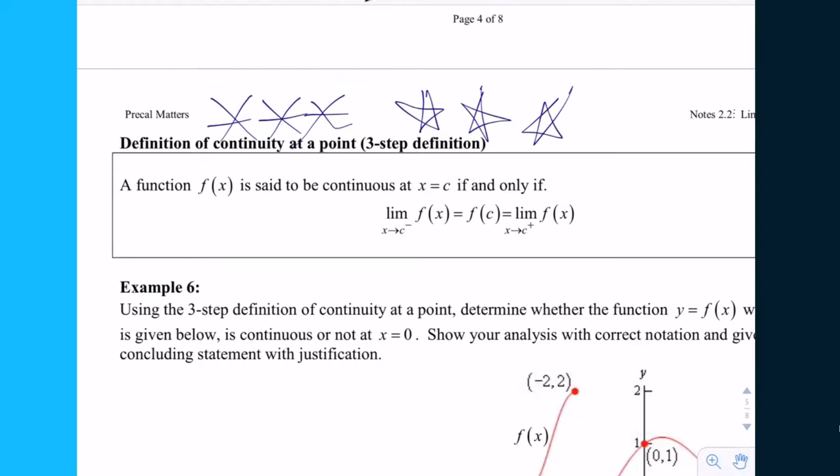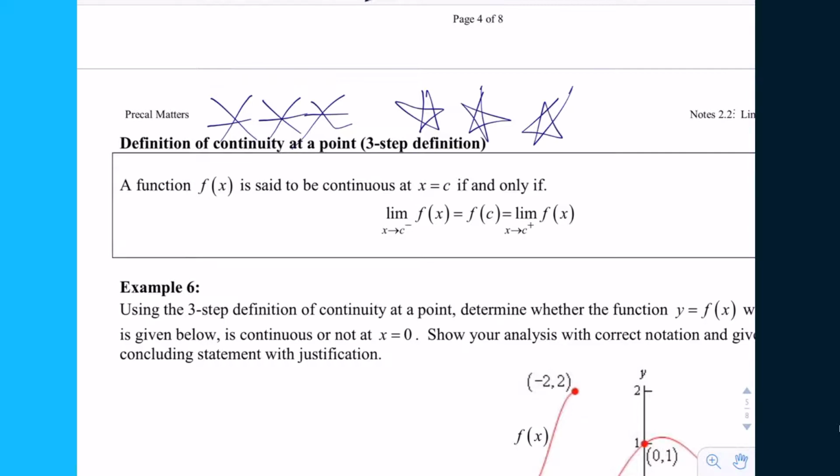Continuous functions are very, very important in everyday life, okay? And so now we have a way, mathematically, to come up with a rigid way to determine if a function is continuous at a point or not. So here it is. The definition of continuity at a point, it's a three-step definition, so it's a three-step checklist.